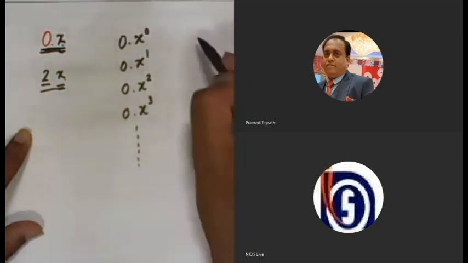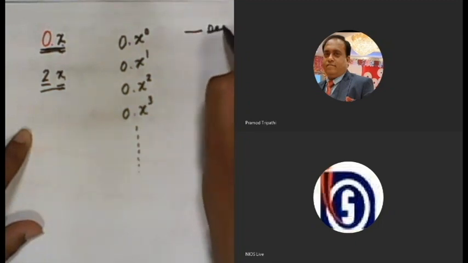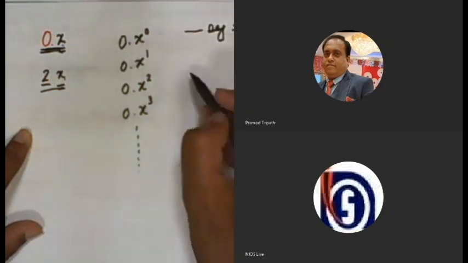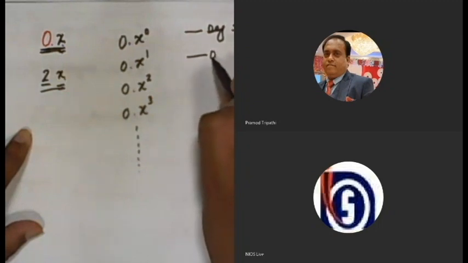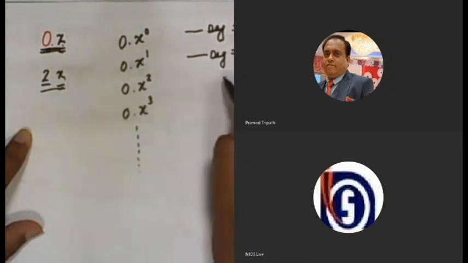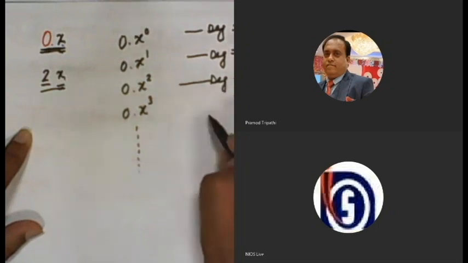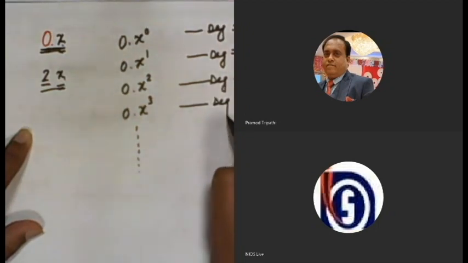What we see here: in this case the degree is 0, in this case the degree is 1, in this case the degree is 2, in this case the degree is 3.